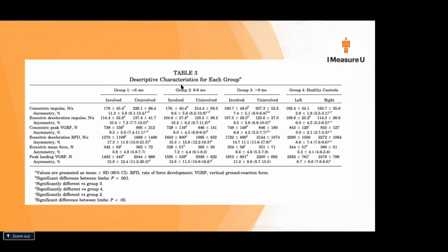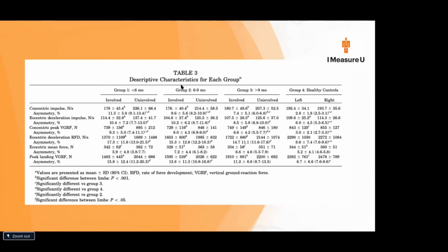You'll see from the variables as you go through the groups, the asymmetries did decrease over time, as the groups moved away from ACLR. However, as with the performance metrics, they remain significantly different versus the control group.